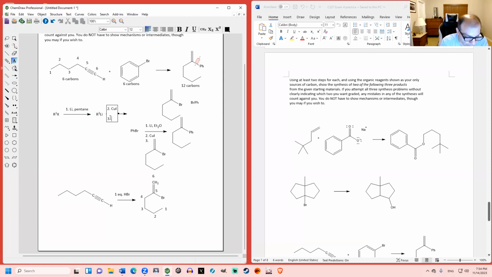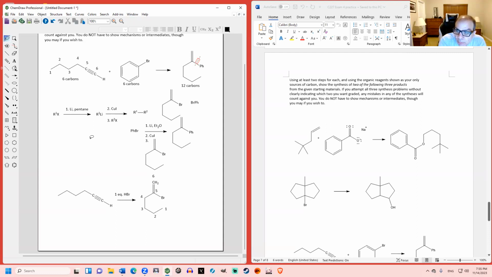And then with some other alkyl halide, what you get is R1 and R2 attached. So that's the reaction.